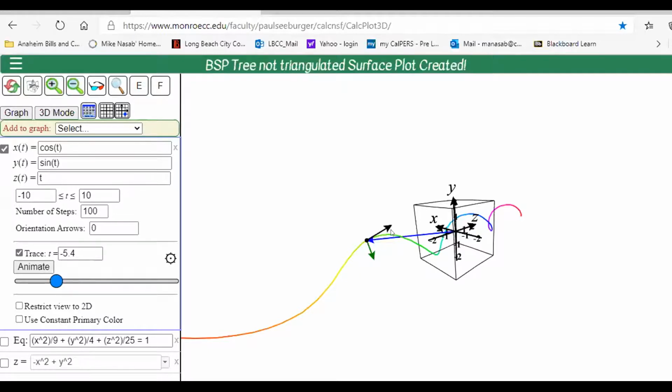By the way, in a circle, when these are perpendicular, acceleration points to the center of the circle. In a circular motion, what is the name of that kind of force? Does anyone remember? Centripetal. Centripetal force, center-seeking force.